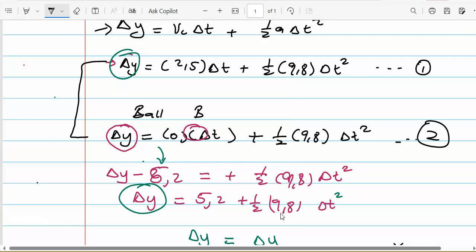You're going to say, can I equate delta y and delta y? No. Why? They are not on the same level. How can I make them to be on the same height? I can subtract the height of the 5.2 so that they can be on the same. You understand? So now that you subtracted, you can make that delta y subject of the formula so that you can equate the two.